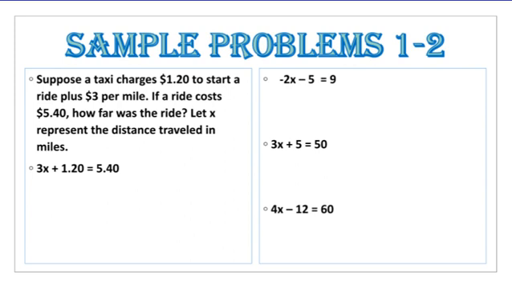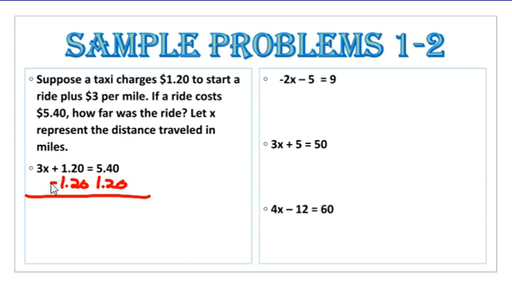So to find out x, we're going to do the inverse operations. I need to get 3x by itself. Right now I'm adding $1.20 to it, so the opposite of adding $1.20 is subtracting $1.20. But remember, whatever I do on one side, I have to do on the other side, because to keep the equation equal on both sides, I have to do the same thing.